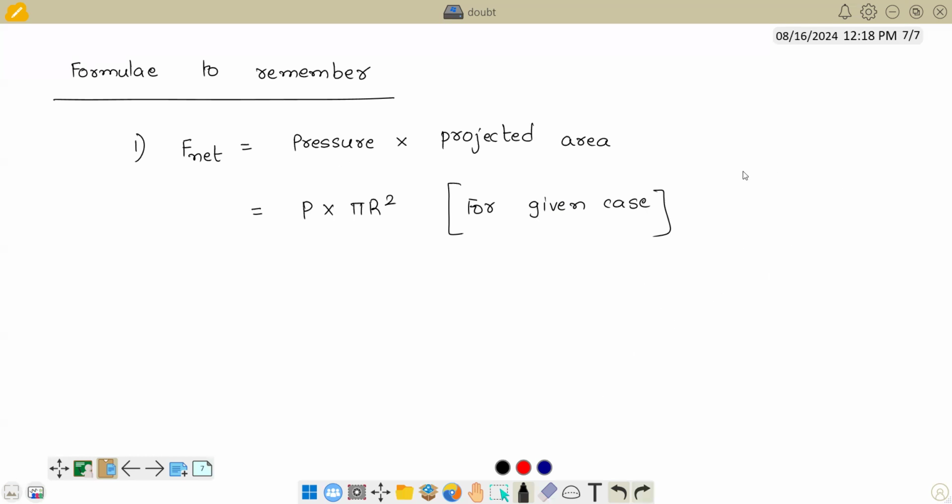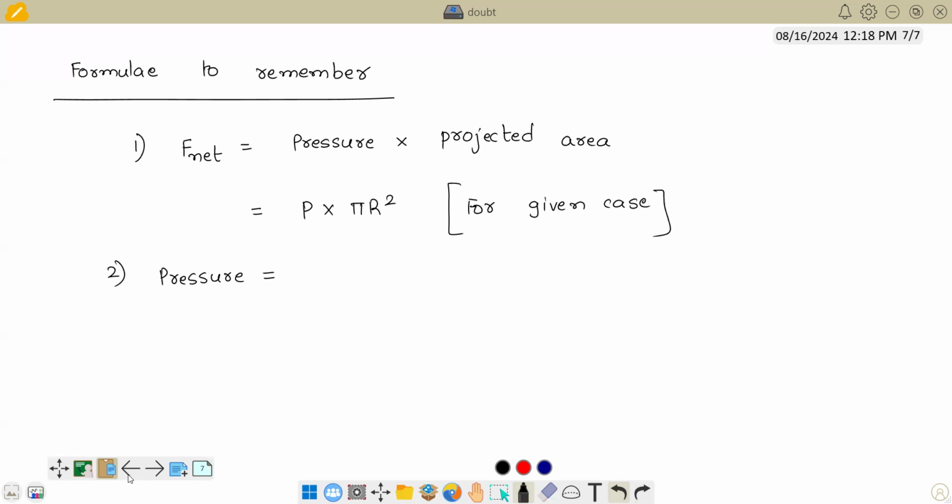And imagine we need only a part of this, not even a complete hemisphere. A quarter sphere, and we need to find the net force acting on this. So the net force would be in this way. We would have taken some other value, like pi r square by 2, and it becomes even slightly complicated. And what is the pressure formula for this?